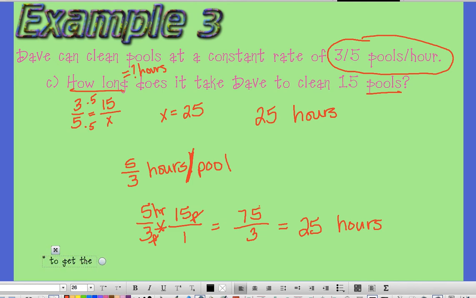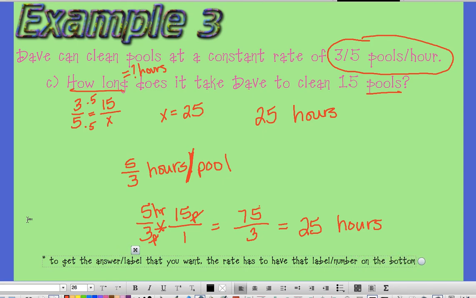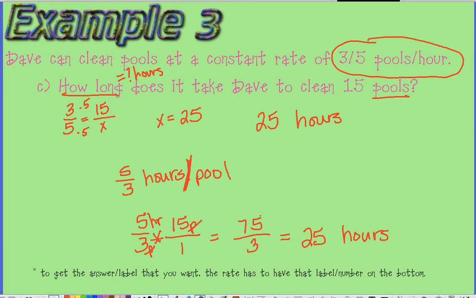To get the answer label that you want, the rate has to have that label on the bottom. Again, something you might just want to jot down so you have it to remember to make life a little bit easier on you.